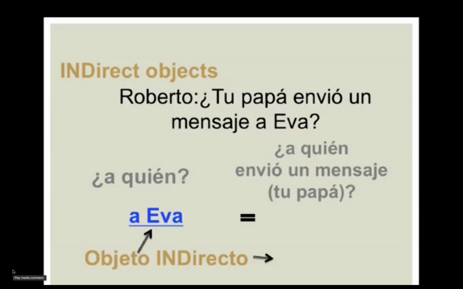Considering that Eva can be replaced by the personal pronoun ella, she, that is, the third person of the singular, our pick will be le. Your dad sent her a message. Once again, remember that in most cases, the pronoun will precede the verb.